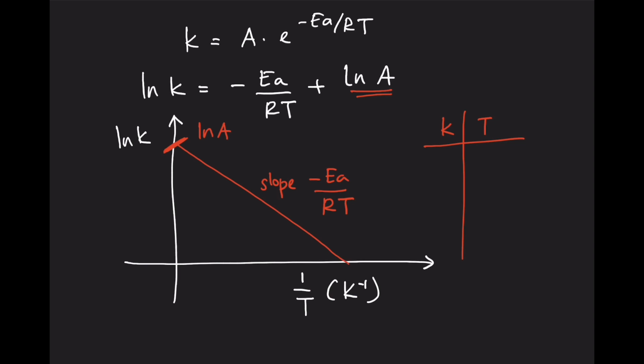We can also do a comparison between two temperatures. So say that we have T1 and then we change this into T2. We can determine the change of k1 into k2 by comparing two different conditions only.